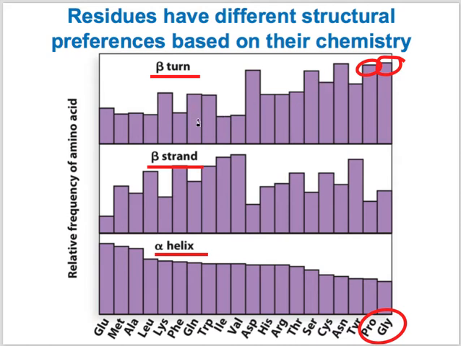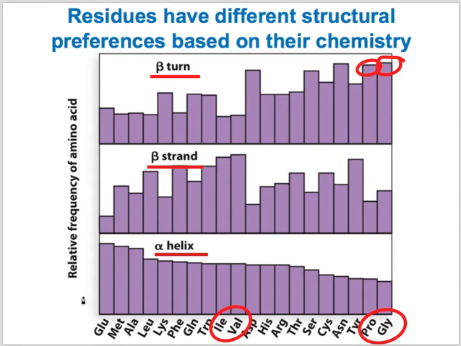Notice that some of the bigger ones don't actually show up in this beta turn. Beta strand is a little different. You can tell that there are some, like these isoleucine and valines, kind of plain, nice ones. They're found in these, and we can kind of predict that if there's a lot of these ones, it might be a beta strand. And then with an alpha helix, this is the one that's designated here from highest to lowest.